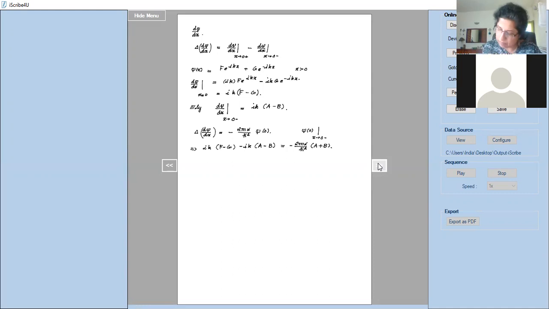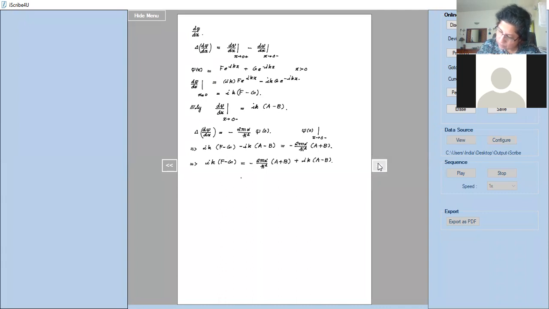So now we get ik into (F minus G) equals minus mα by ħ squared (A plus B) plus ik (A minus B).